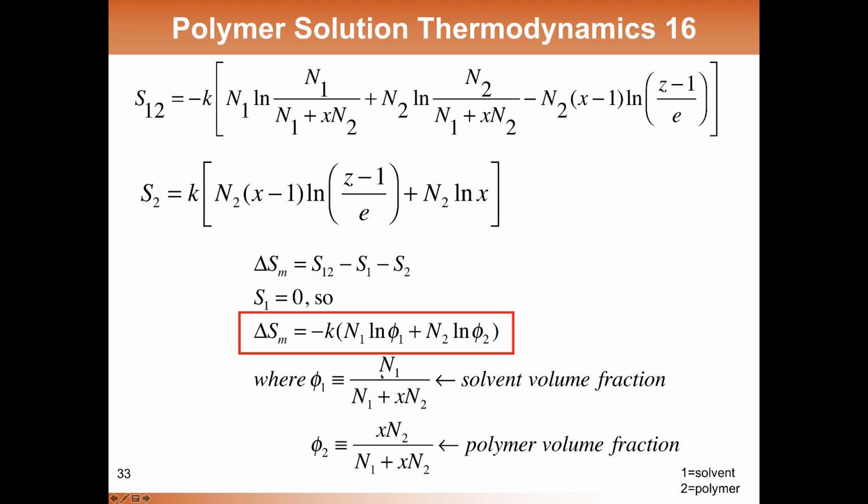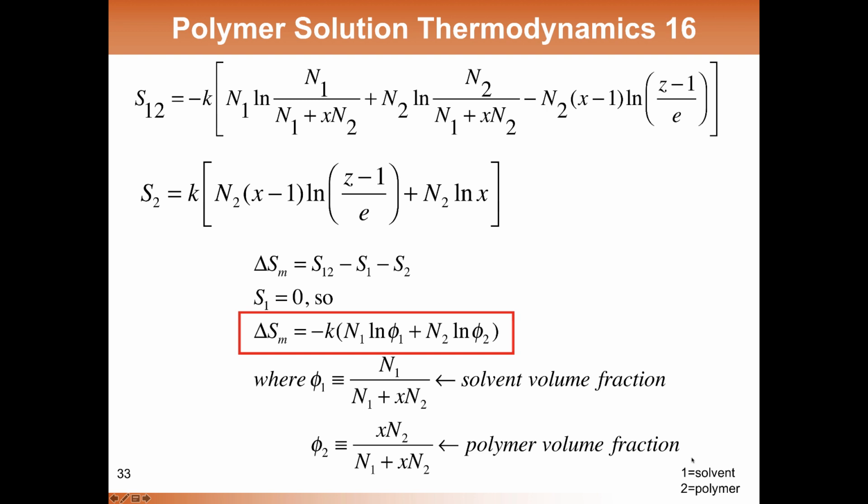And if each of the segments, the solvent molecules and the polymer segments, have essentially the same volume, then this is proportional to the volume occupied by the solvent divided by the total volume of the system, or it's the solvent volume fraction. Phi2 likewise is the polymer volume fraction.